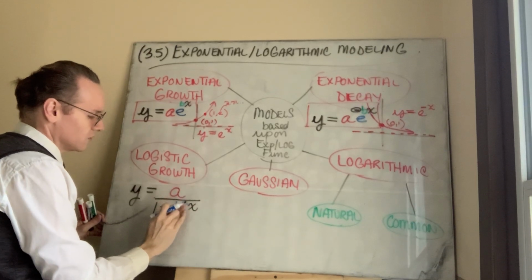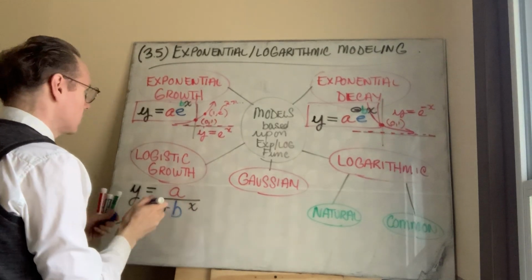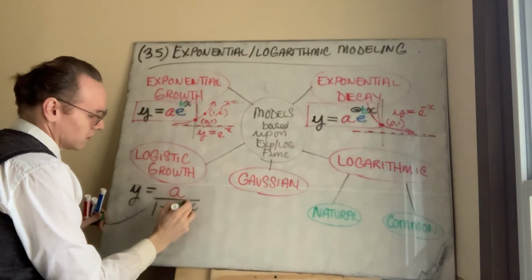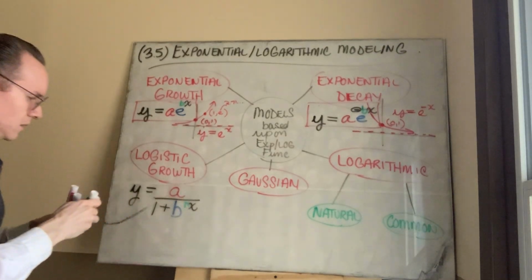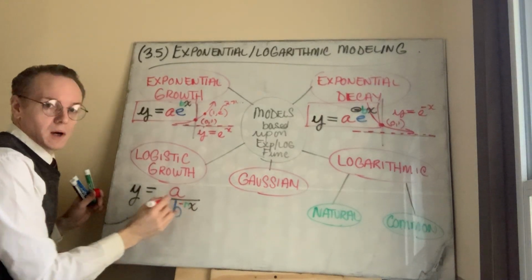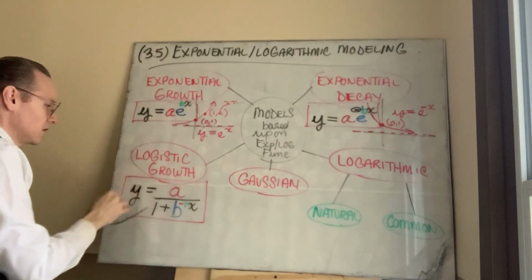Perhaps I should just do this instead. Make that blue, and make this green. Not super important, but the sign here would be negative, so be mindful of that. Okay, this would be the model for logistic.